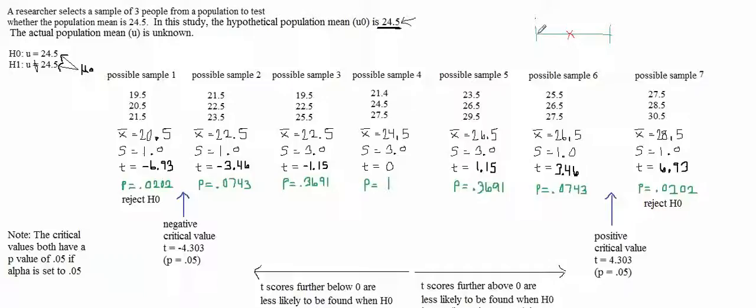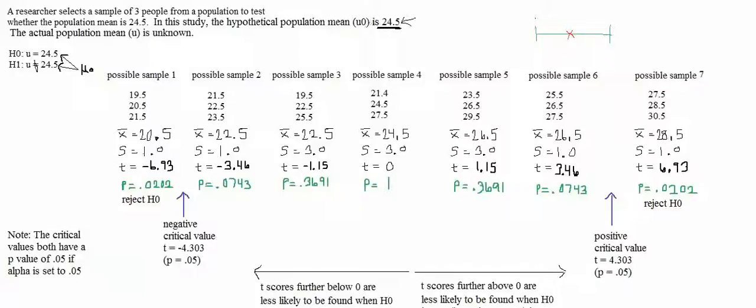So we can imagine that the sample mean is likely to be somewhere within these boundaries, meaning somewhere near the population mean. The sample mean is unlikely to be down here too far below the population mean, and it's unlikely to be up here too far above the population mean. It's likely to be somewhere close inside of here.